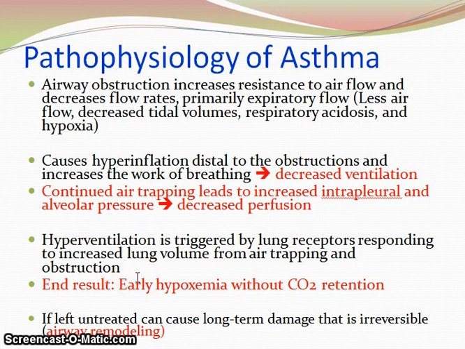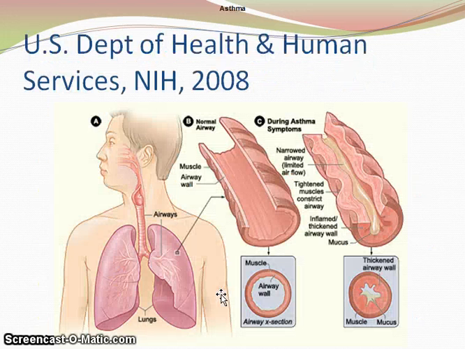Hyperventilation is going to be triggered because the lungs are going to be trying to replace all of this gas exchange problem. So they're going to signal that they need to breathe faster. All that does is increase the air trapping and cause more problems. What we see then is hypoxemia without CO2 retention at first, and then it's going to cause CO2 levels to climb after. Right? If left untreated, it's going to cause irreversible damage to the lungs.